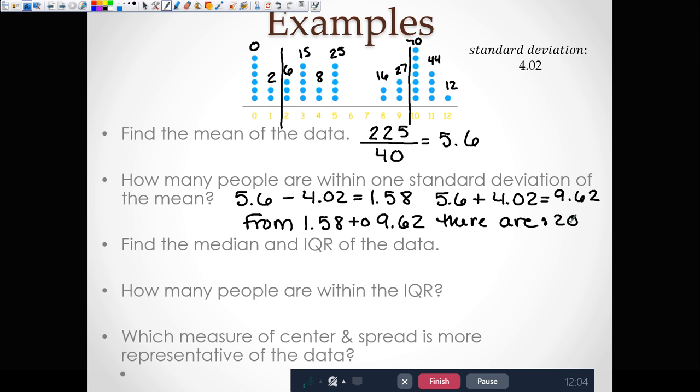Then this one says find the median and the IQR. So in order to find our median, we have to list each number out, okay, from least to greatest. And then we have to find the middle.